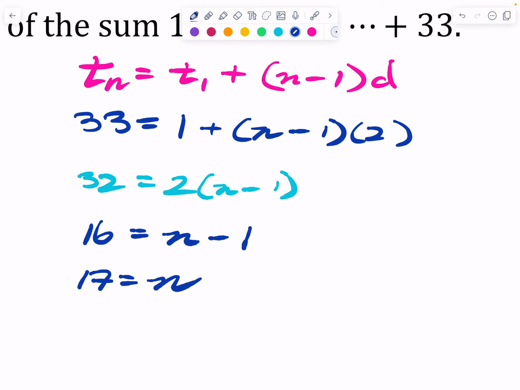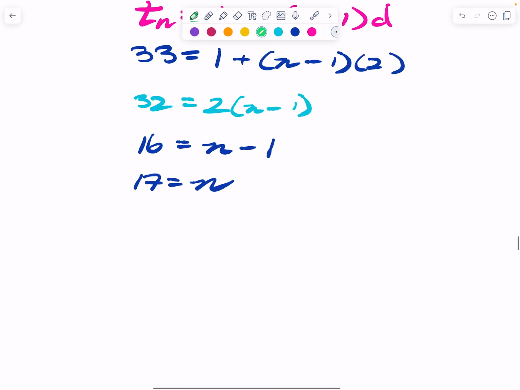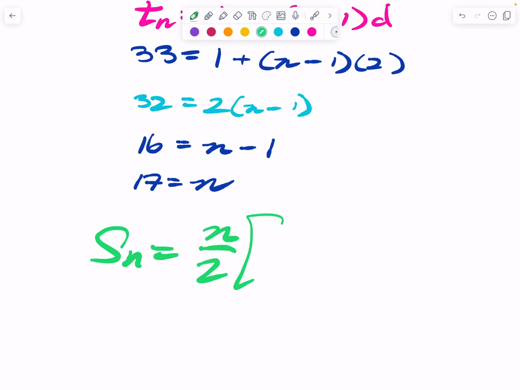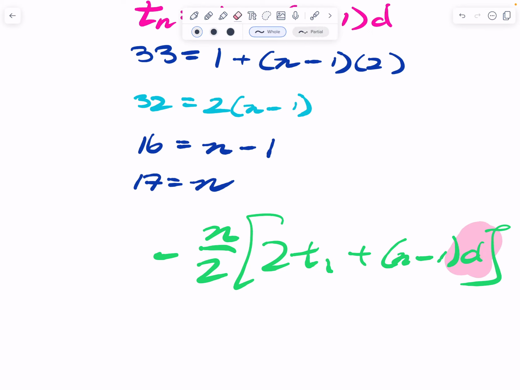Now we have enough info to use either of these sum formulas, the series formulas. We could use this one, the larger one, 2t1 plus n minus 1 d. We have all the information to use it, totally can. The only reason I wouldn't is because we have another formula which involves less to plug in. This thing just has so many pieces, and it can get a little messy when you plug it into the calculator.